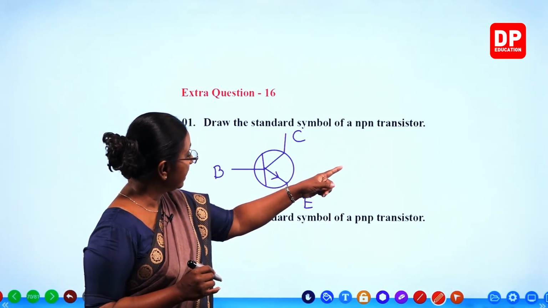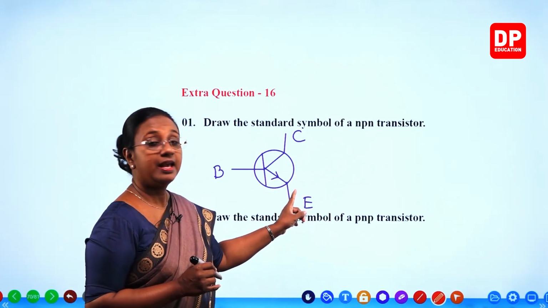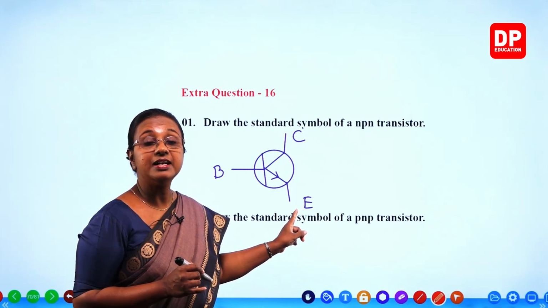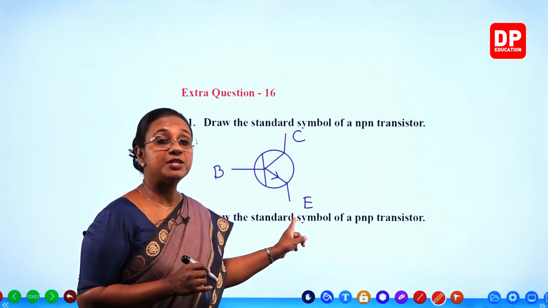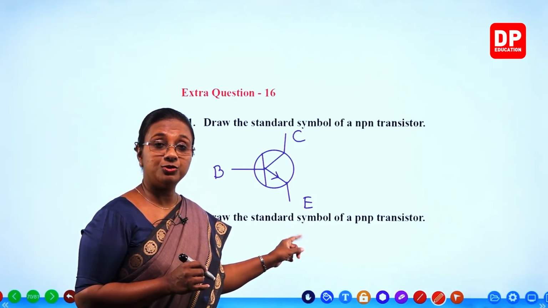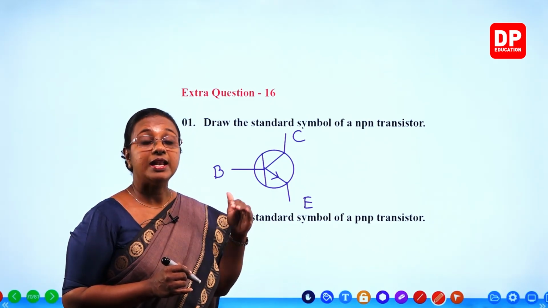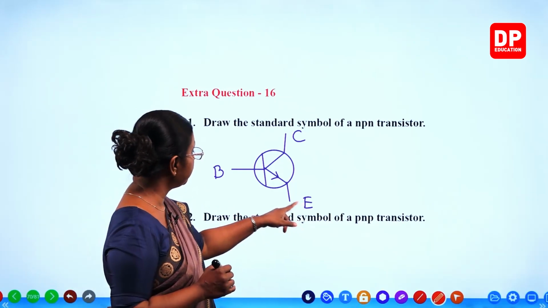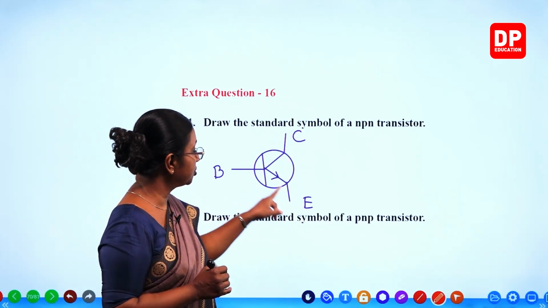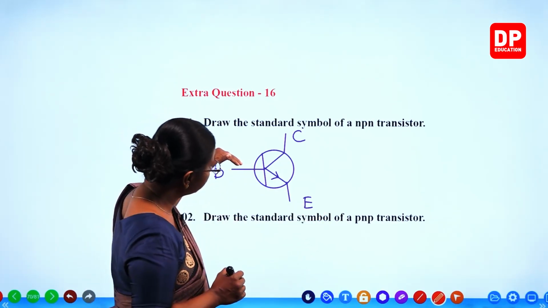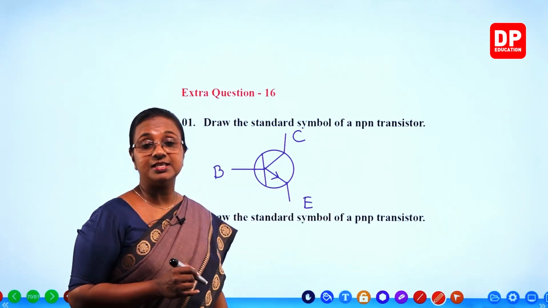Because in an NPN transistor the emitter is the N-type semiconductor, so the majority charge carriers are going to be electrons. When electrons flow from emitter and base to collector, current flows from collector and base to emitter. Therefore, the direction of the current flow is this way.